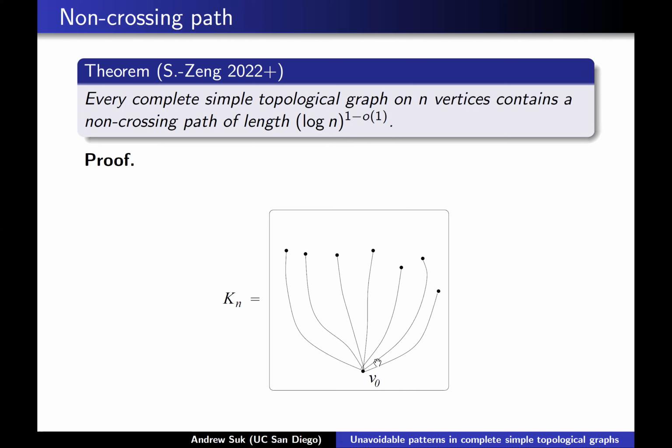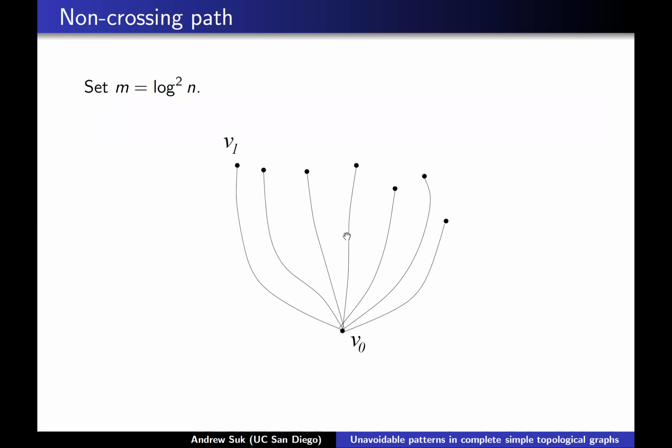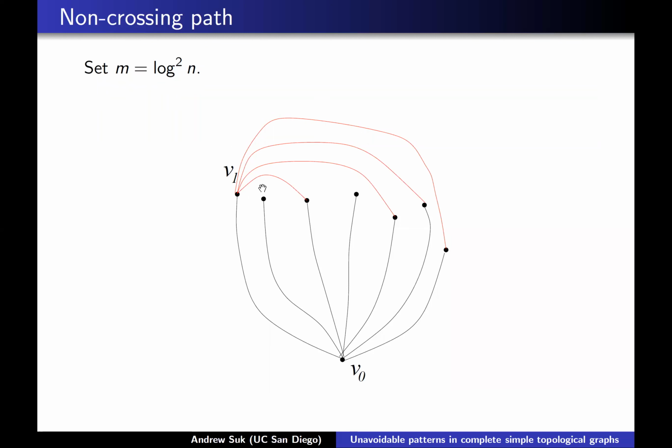It follows the same setup as before, where you pick a vertex on the unbounded face. You look at these vertices up here, and again you can order these vertices V1 through Vn. If we set m to be log squared n, and I start with V1 and look at the edges emanating out of V1, starting with this black edge in the counterclockwise direction, suppose I have an increasing sequence of length m.